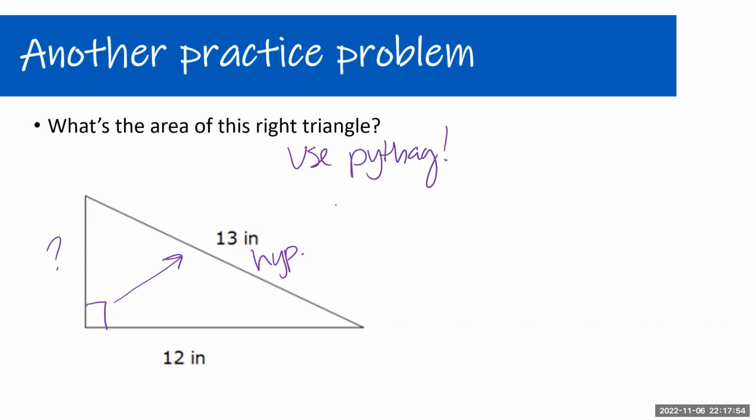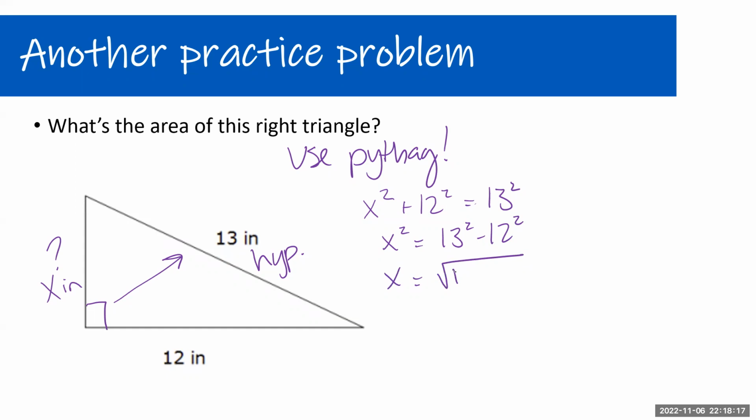So we know, let's make this x inches. We know that x squared plus 12 squared equals 13 squared. So that tells us that x squared equals 13 squared minus 12 squared, and that x must be the square root of 13 squared minus 12 squared.